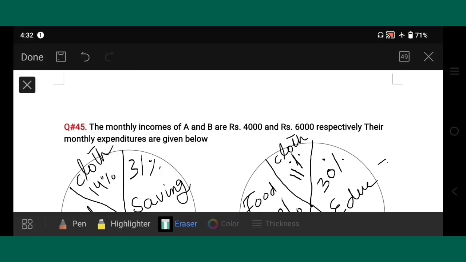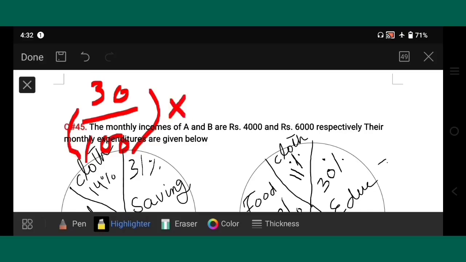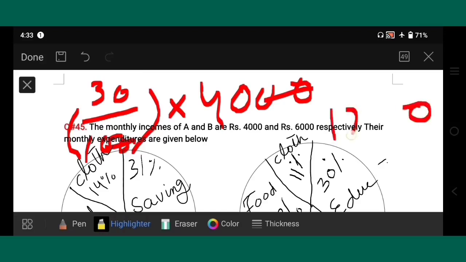So just like 30% means 30 divided by 100 times total amount of family A, which is 4,000. So it will be 1,200.